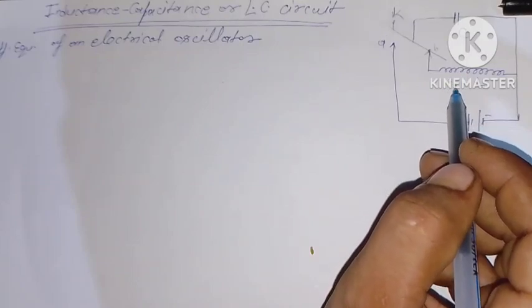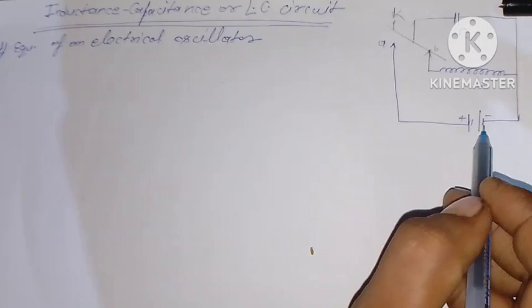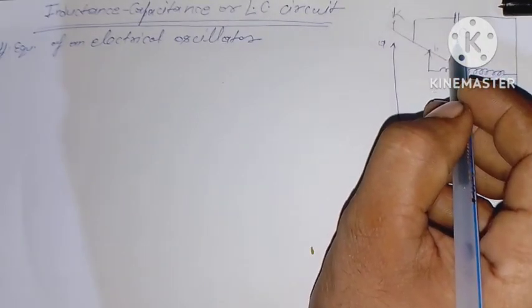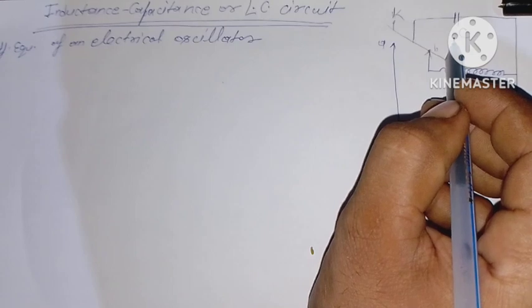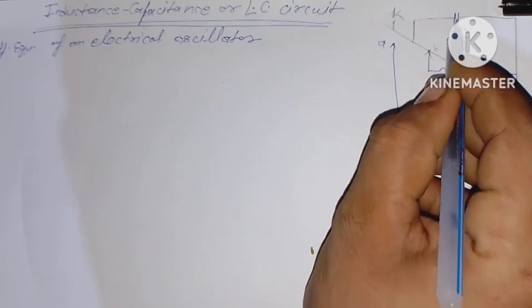When the capacitor is first charged by a battery, the electrostatic energy resides in the dielectric medium of the capacitor.